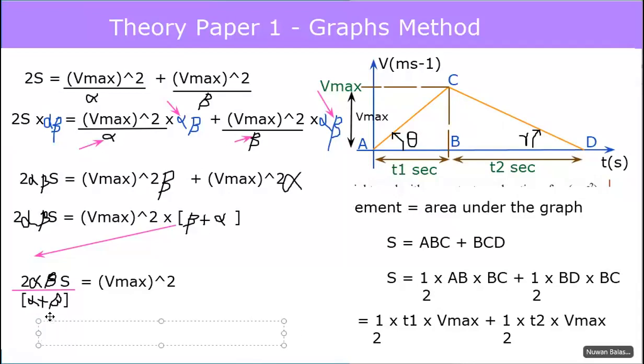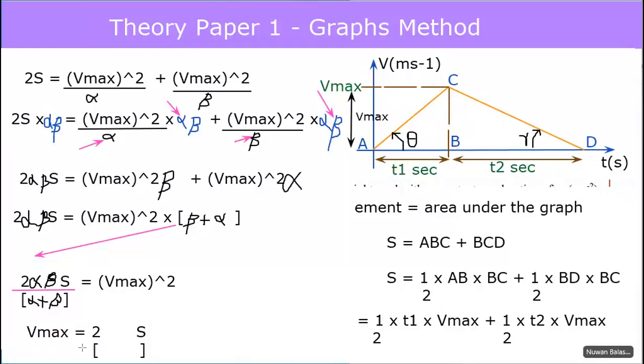V max square equals this. Therefore, V max equals the square root of 2 into alpha into beta into s divided by, within the brackets, alpha plus beta. That's it. I think this is the final answer.